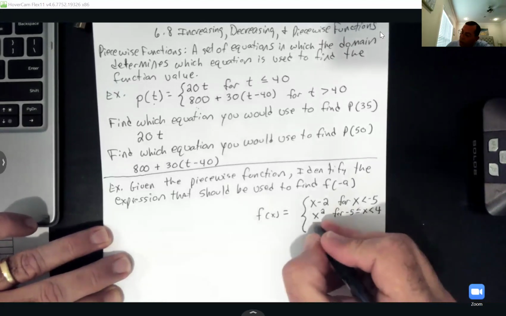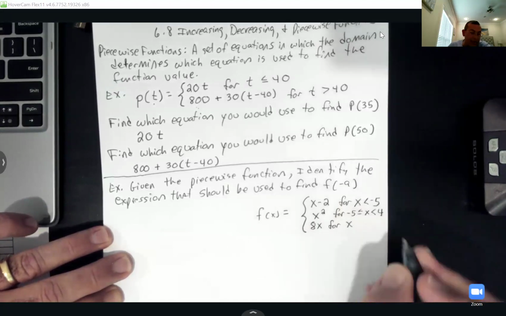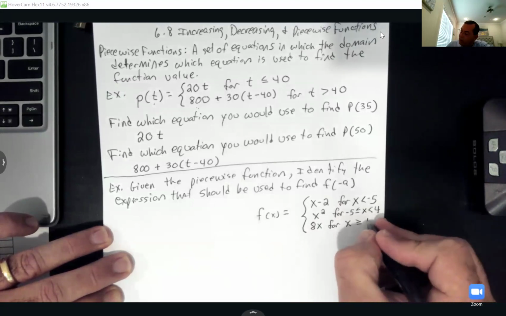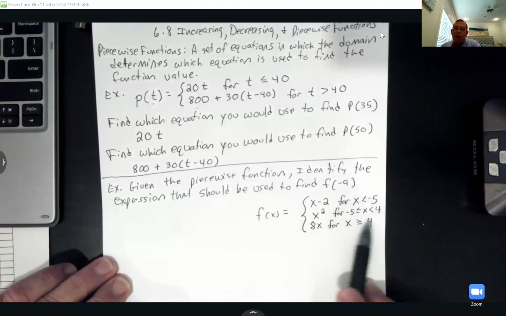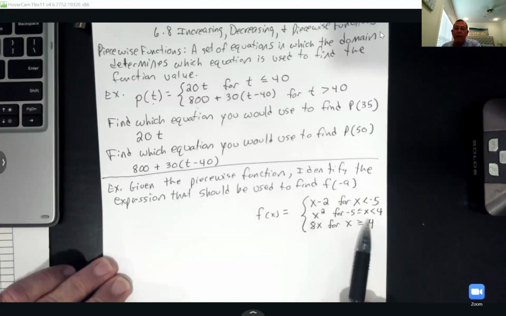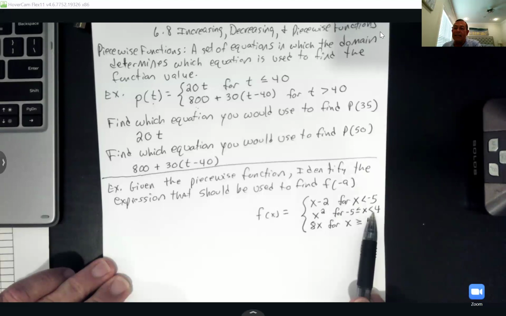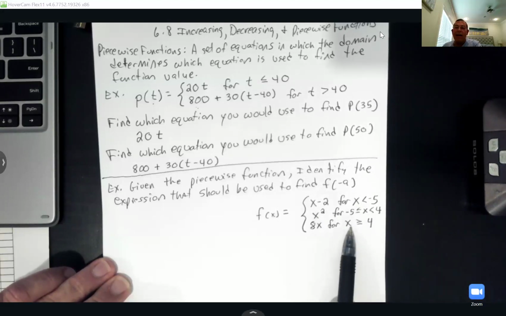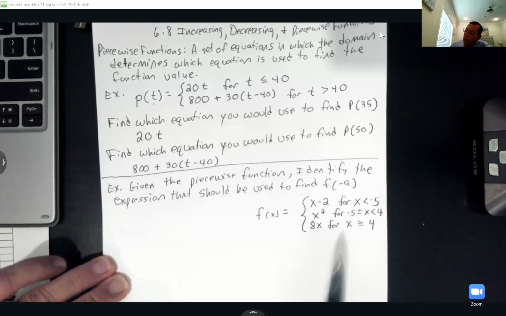And then we're going to use the equation 8x for any x that is greater than or equal to 4. So notice your domain is broke up. Anything less than -5, I use that first equation. If it equals -5, but less than 4, I use the second equation, x squared. And then if my x is greater than or equal to the 4, I use the 8x equation.